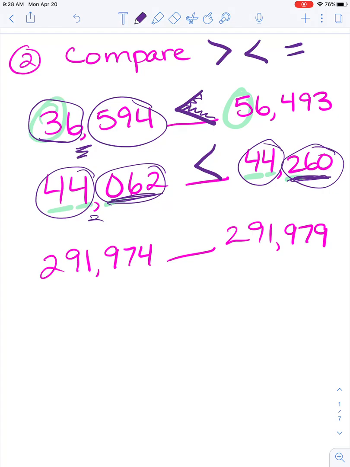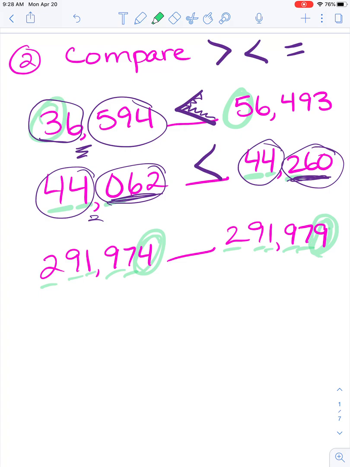All right, let's read the next one. 291,974 versus 291,979. Ooh, they're both in the 100,000s place. They're both 200,000. They're both 90,000. They're both 1,000. They're both 900. They're both 70.